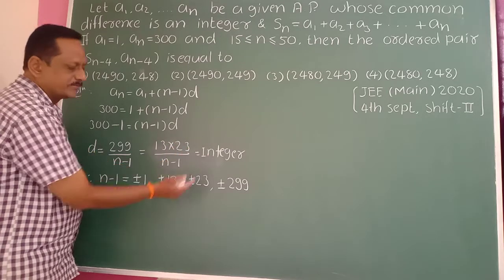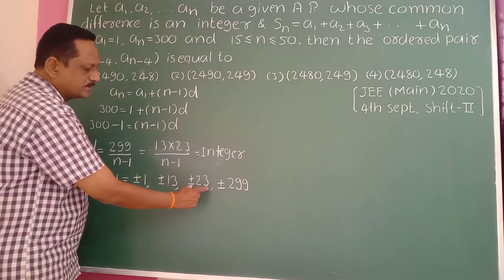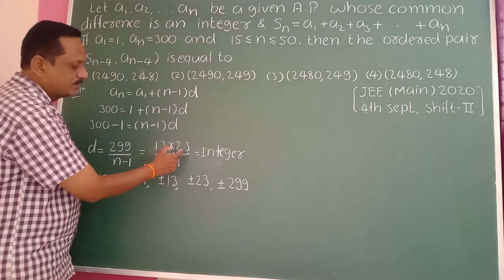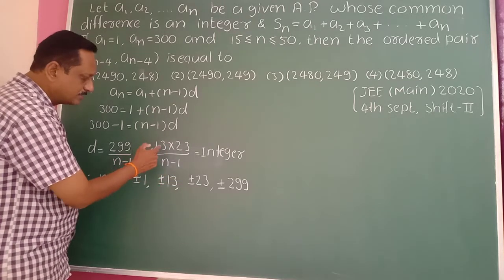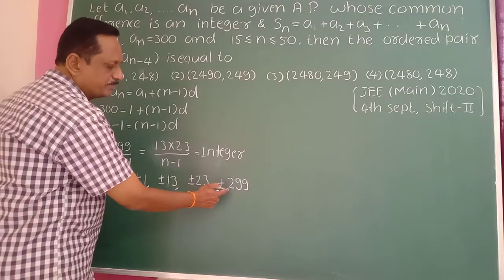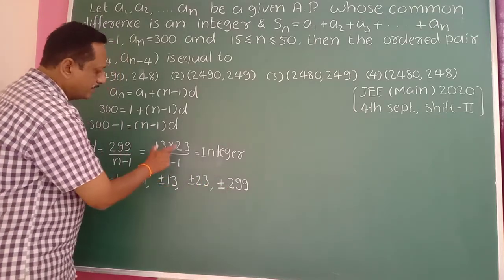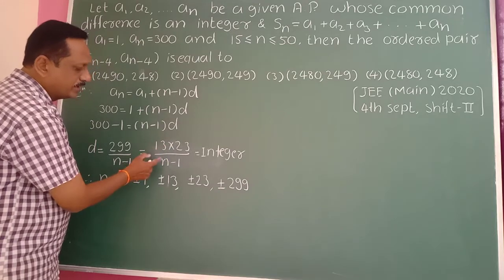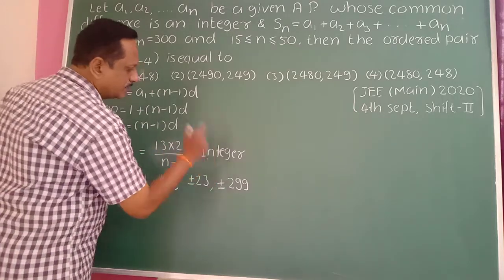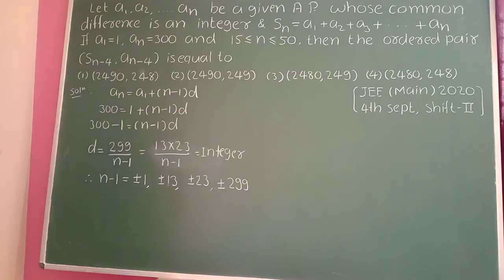This is an integer. If it is plus or minus 23, this denominator is plus or minus 23, 23 cancels, remaining this one, this is an integer. Otherwise, n minus 1 is plus or minus 299. Therefore, the product is 299, 299 cancels, remaining plus 1 or minus 1, again an integer.